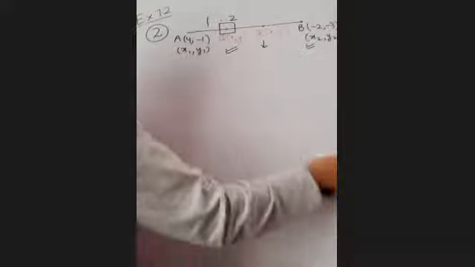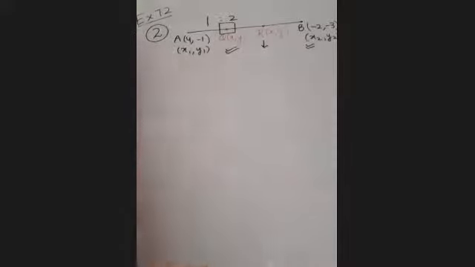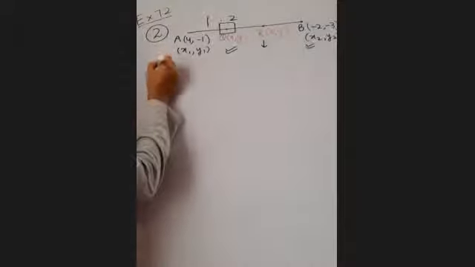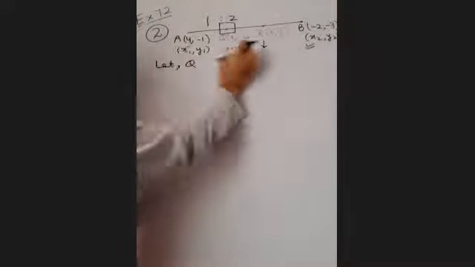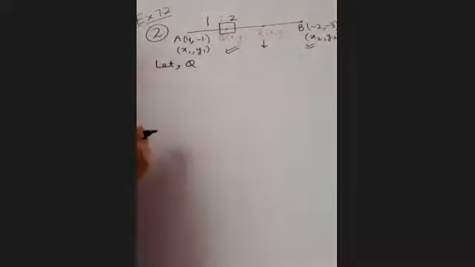Next time, the special form of the section formula in the form of midpoint. So let children please draw this rough figure, mark x1, y1 and x2, y2 here, the way I have done.